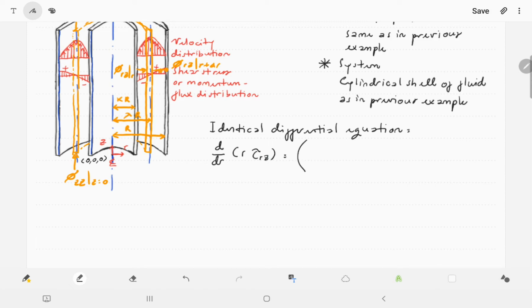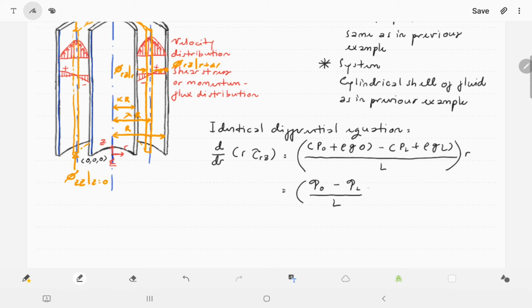So we will have something like this: (P0 + ρgh0 − PL − ρghL) divided by L and then multiplied by r, and this is equal to (P0 − PL) divided by L multiplied by r.